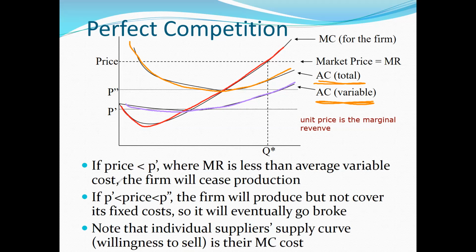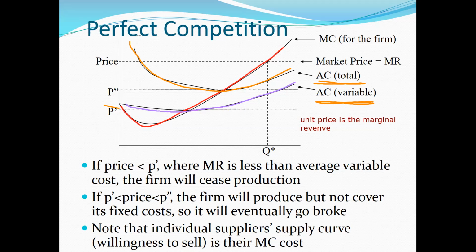Now, if the market cannot clear a price of P prime that you see on the chart here, if the market cannot clear the price P prime, which is located here, what happens?